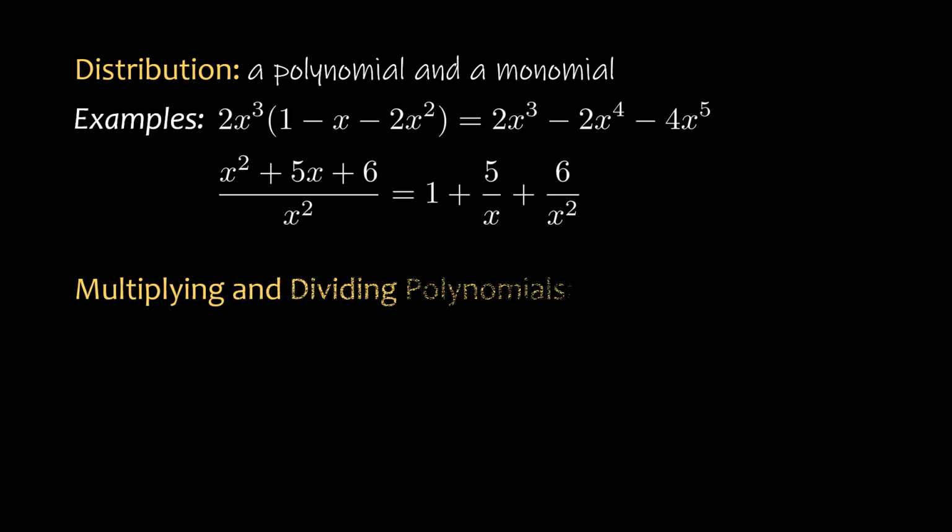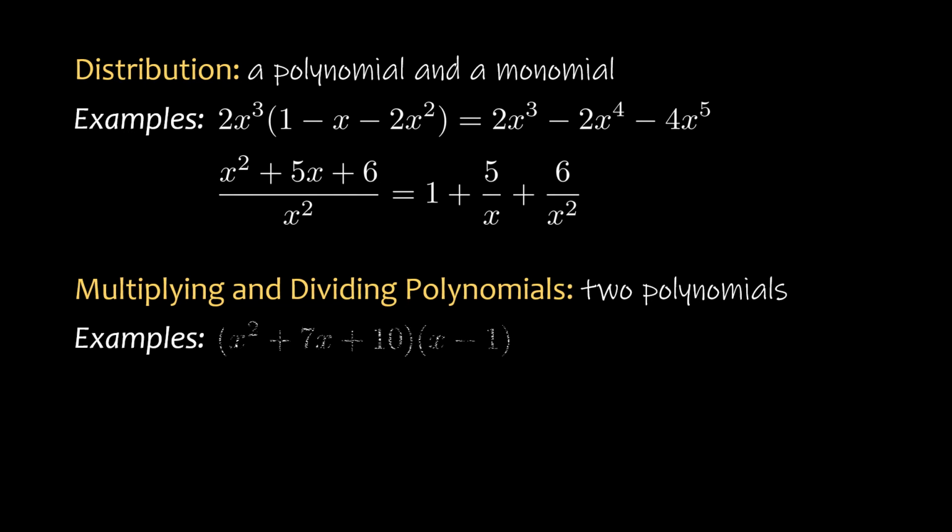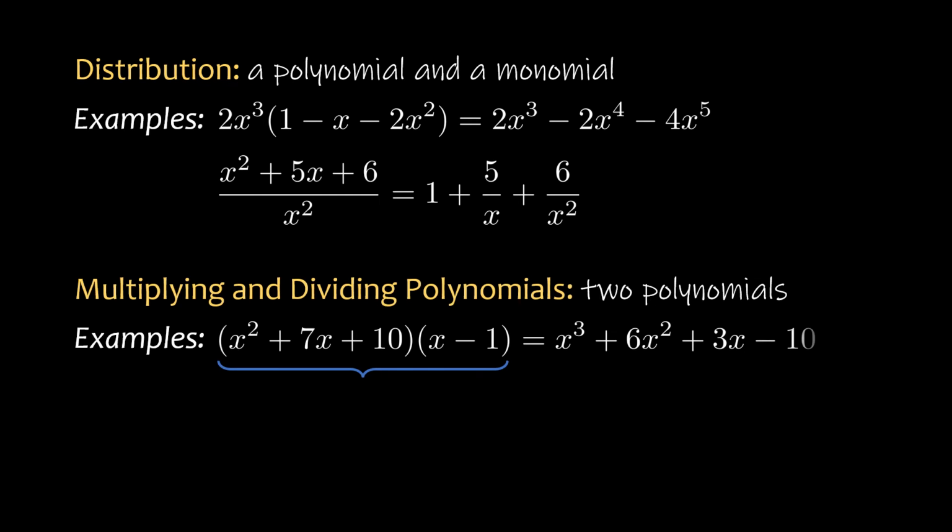Multiplying and dividing polynomials. Involve two polynomials. Examples: multiplication. Multiply two polynomials by multiplying each term of the first polynomial to every term of the second polynomial. Then, get the sum of all these products.